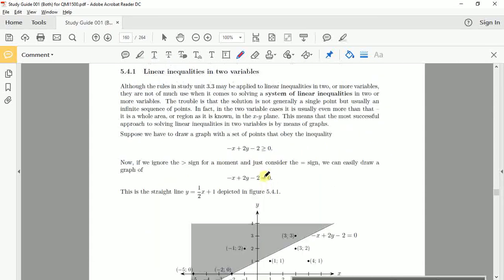So if I have an equation like this, let's actually write that one down.